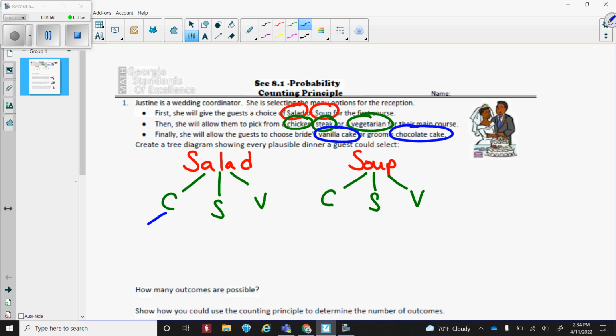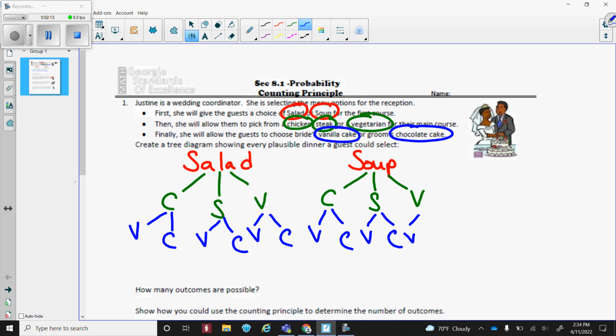So branching off of these, vanilla, chocolate, and so on for each branch. Getting a little overexcited there. Chocolate. So now we have every option available to us.